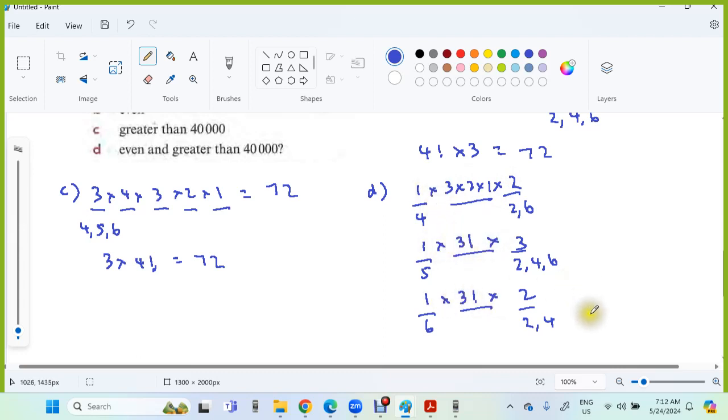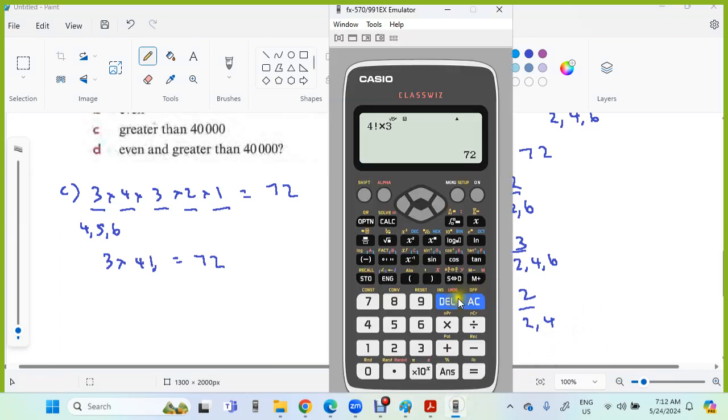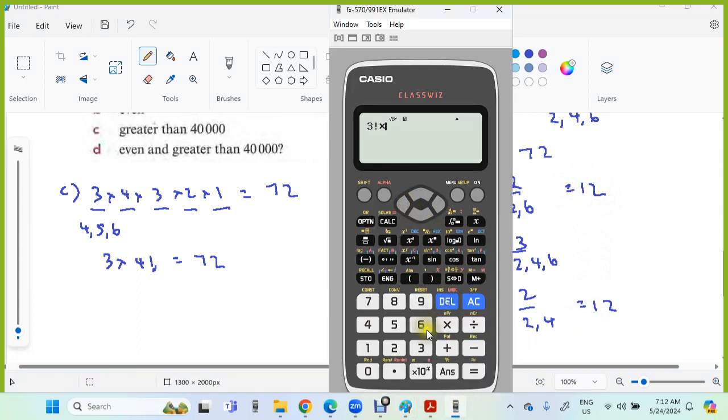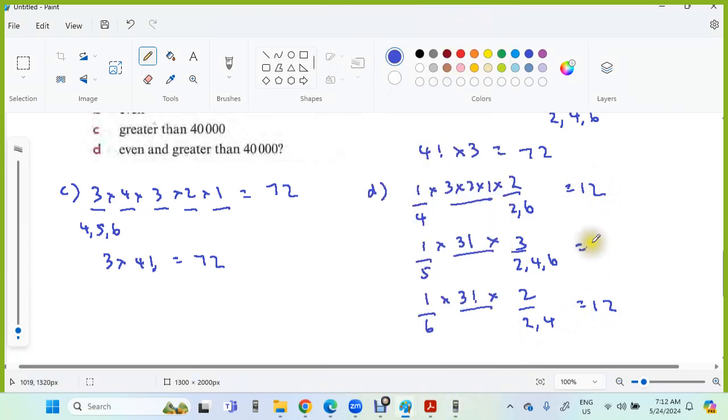We have 3 factorial times 2, which is 12. This is 12, and I can also have 3 factorial times 3, which is 18. So for D, it will be 12 plus 18 plus 12, then it is 42.